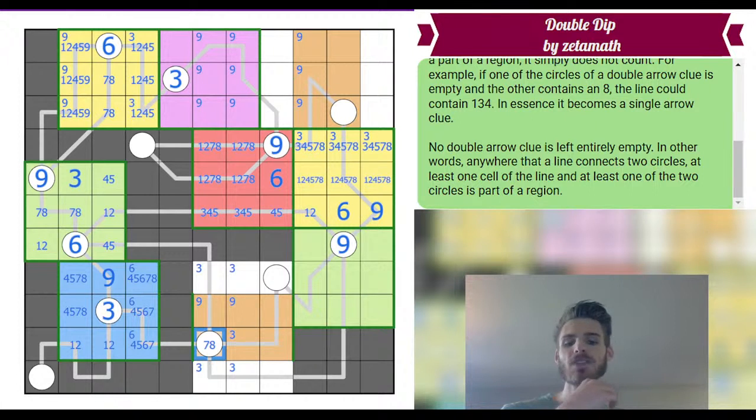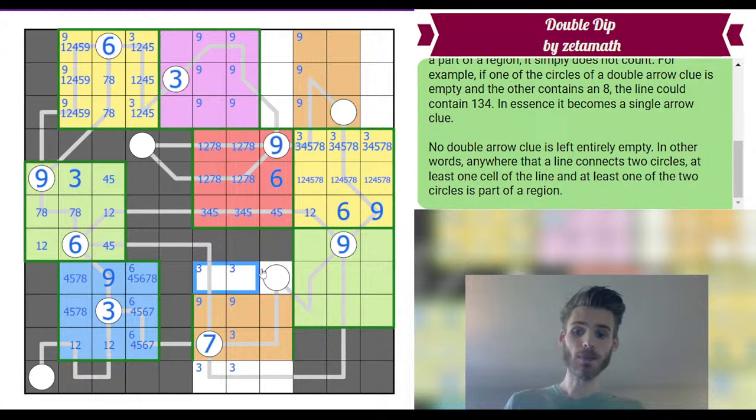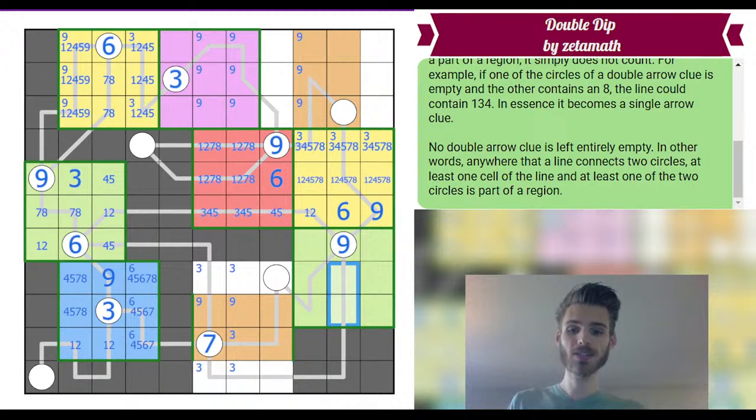If this is a 7, right? Then it has to go up. We already talked about that. It has to go up if it's a 7 because this can't be 1, 2, 4. But then what is this going to be? Because this goes up, so it doesn't take any more cells. So this would have to be 7, 9. That's not going to work because there's a 9 in the box. So that's not 7, that's 8.